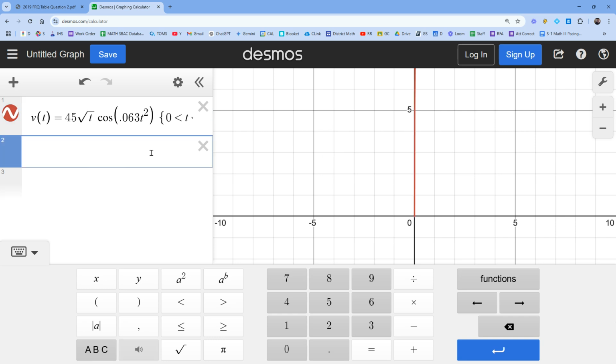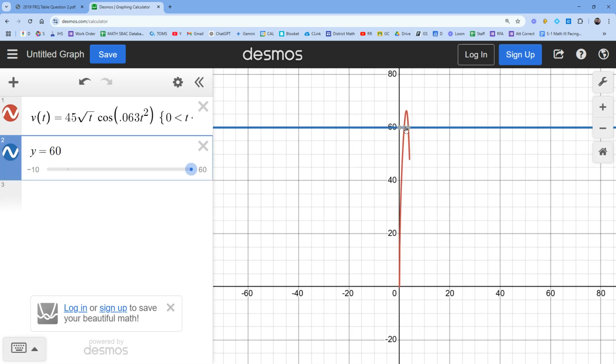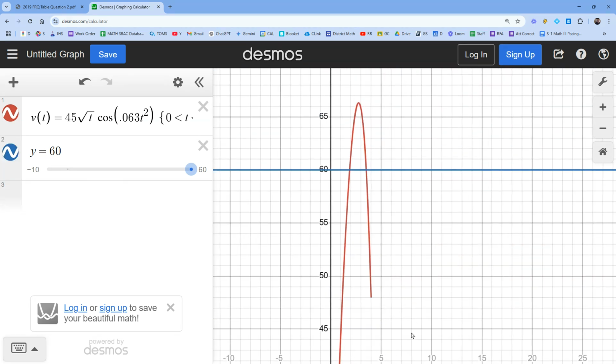And then the second thing I need to know is 60. So I'm just going to type in y equals 60. And I'm going to zoom out, and then I'm going to see where the two cross, and I'll zoom in here so you see it. So here's the velocity. It's at least 60 when it's above that line of 60.